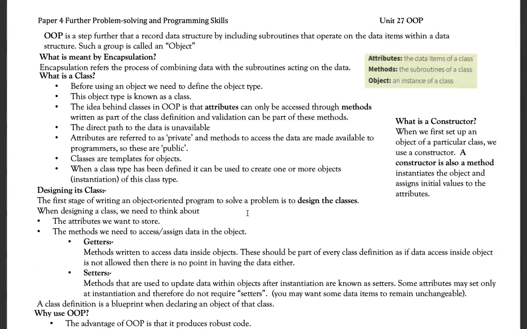Now, if the problem at hand that you're trying to solve with your code is not solvable with your basic data types, your integers, your strings, or your characters, most programming languages allow you to create user-defined types.